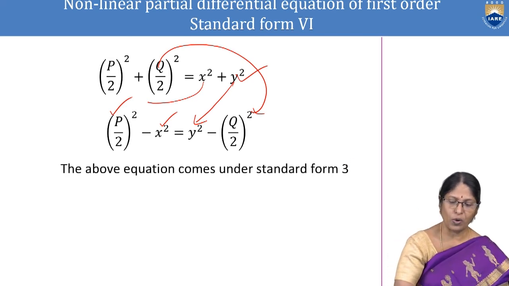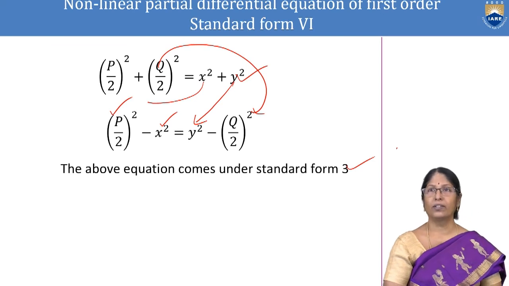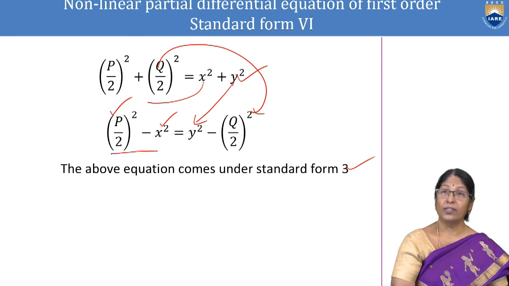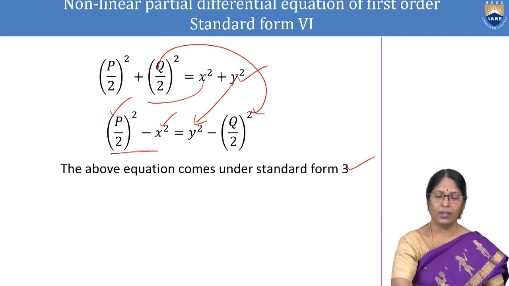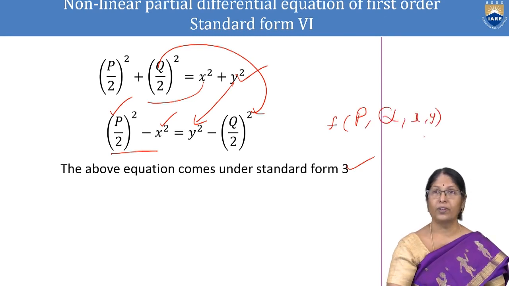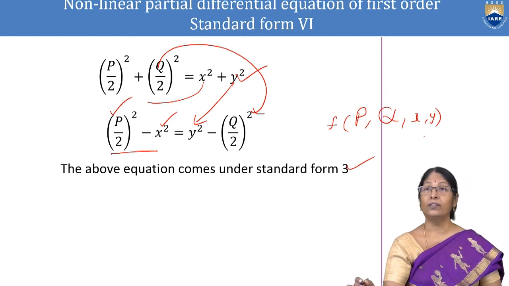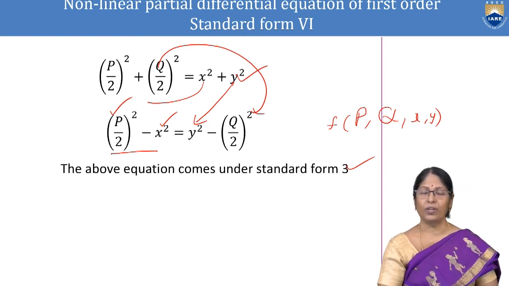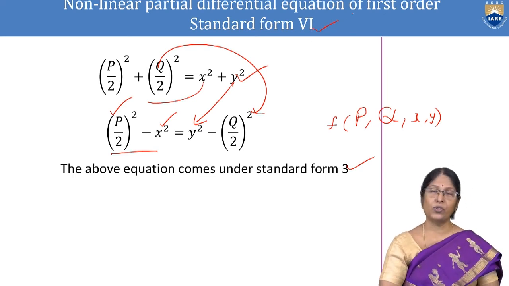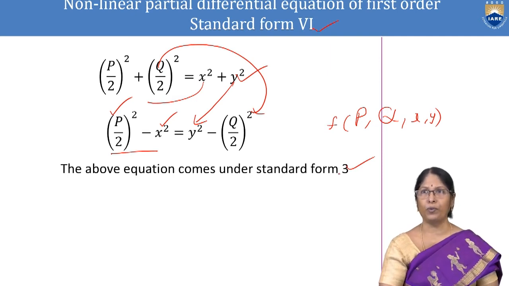So the above equation comes under standard form 3. We can see it here: standard form 3, f of capital P, capital Q, x, y. This is standard form 3. Z won't play a role. Yes, our standard form 6 is reduced to standard form 3. Now, according to standard form 3, what are the steps to be followed?